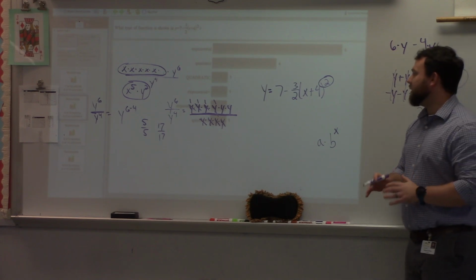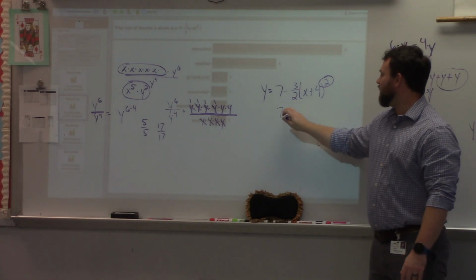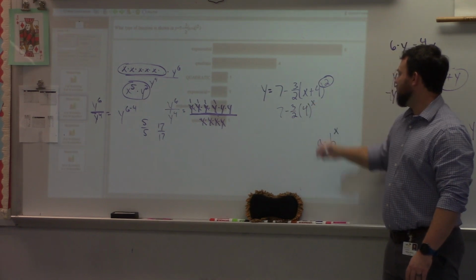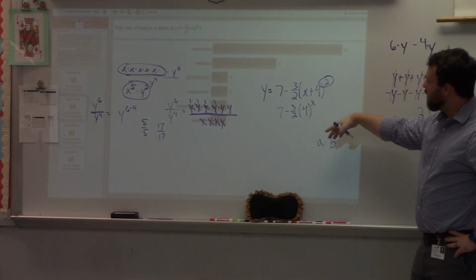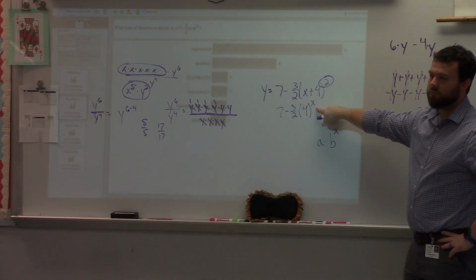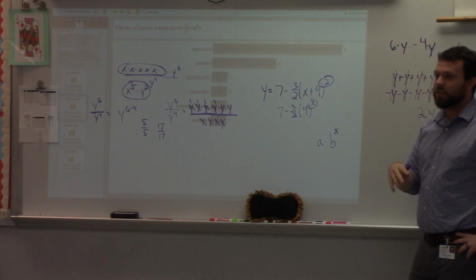I want to emphasize this, right? I need y'all to pay attention to this. I can very easily rewrite this, one small detail different. Notice there's a lot of similarity here, but why is this one exponential? Because x is the exponent. I need y'all to pay attention to that and recognize that.